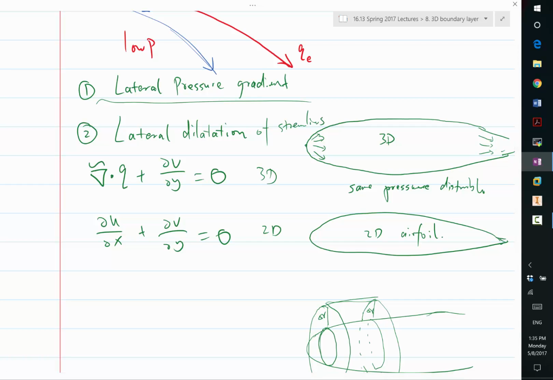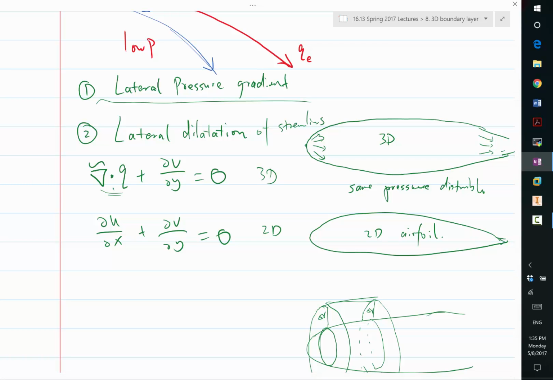Now, what's the difference? The right hand sides are both 0. What's the difference in the first term and the second terms in these two equations? dw by dz. Yeah, there is a dw by dz in the first case, which is positive or negative?